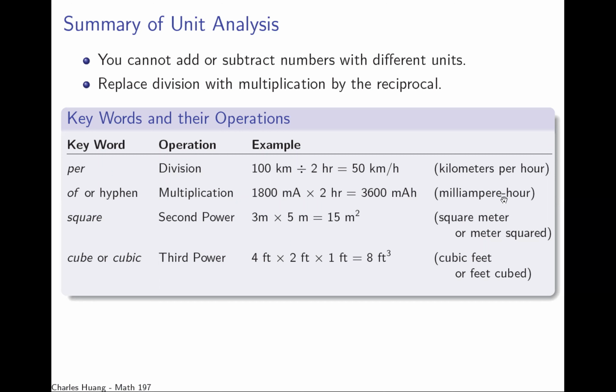You might see units with a hyphen in the middle. The hyphen tells us that we have two things multiplying each other. For example, the battery in your cell phone will have a unit like this, 36,000 milliamp-hours. We would just call this milliamp hour.